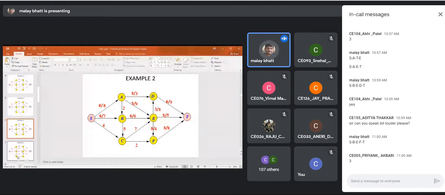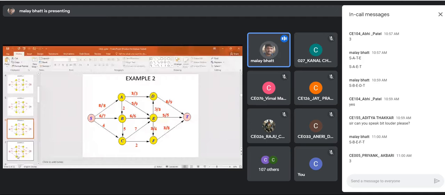We have utilized that. Still you can see in S to B we have one capacity left, right? But B to E is already utilized. So we have to consider another outgoing arrow from node B. So I can consider from B to C, and I can take C to E. So that will be the path which you can use.